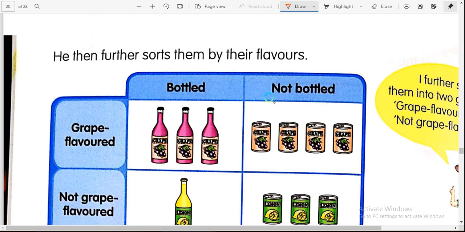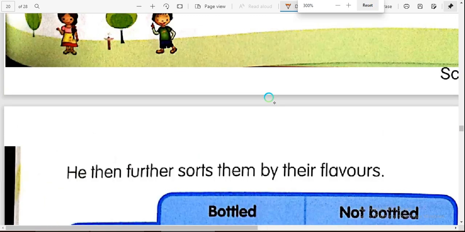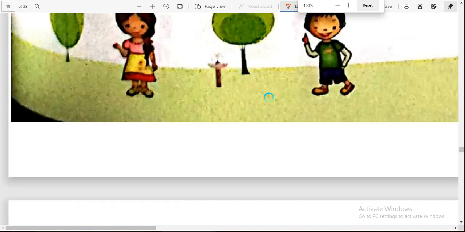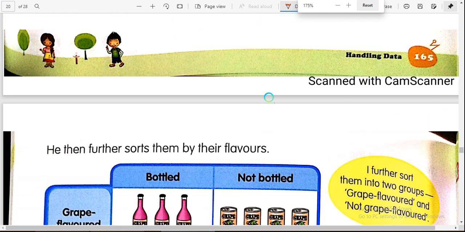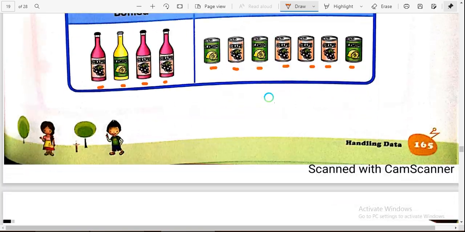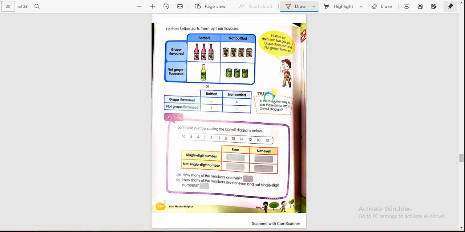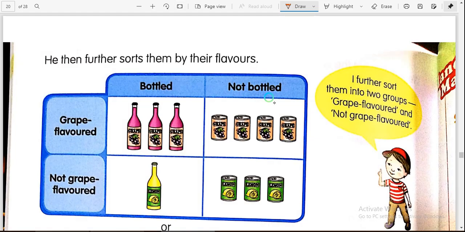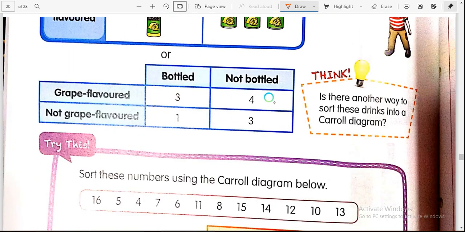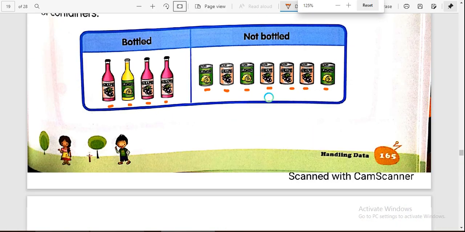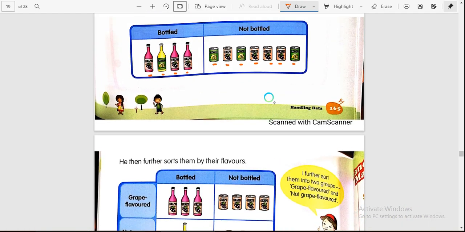So let's go back to bottled and not bottled. Here we have 1, 2, 3. We have 3 bottles that are grape flavored.